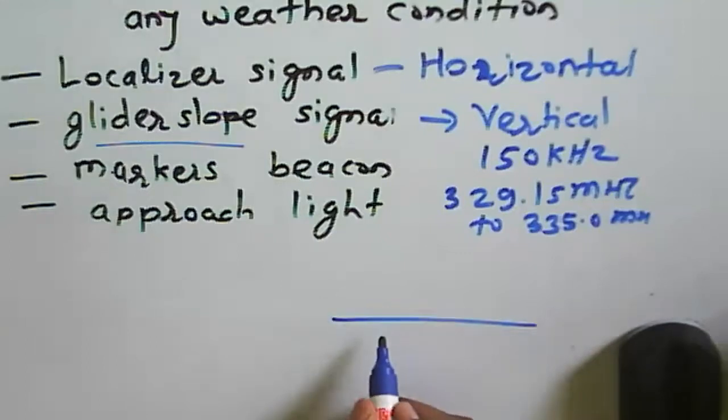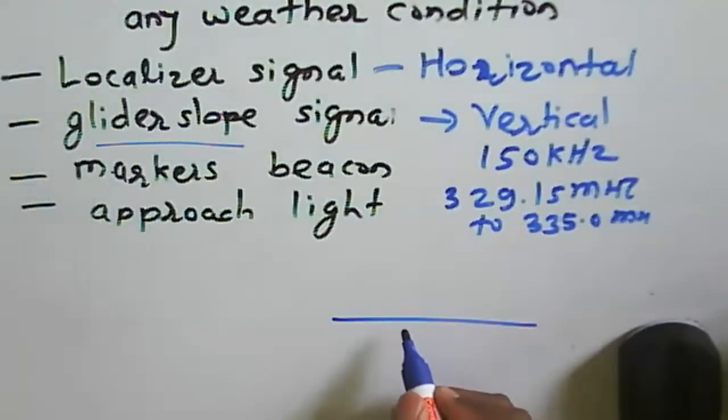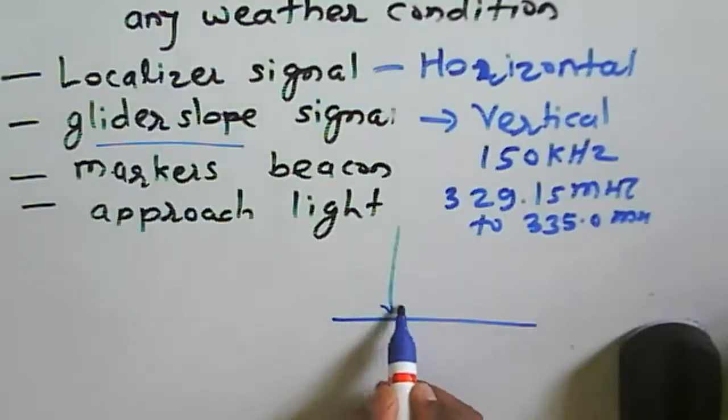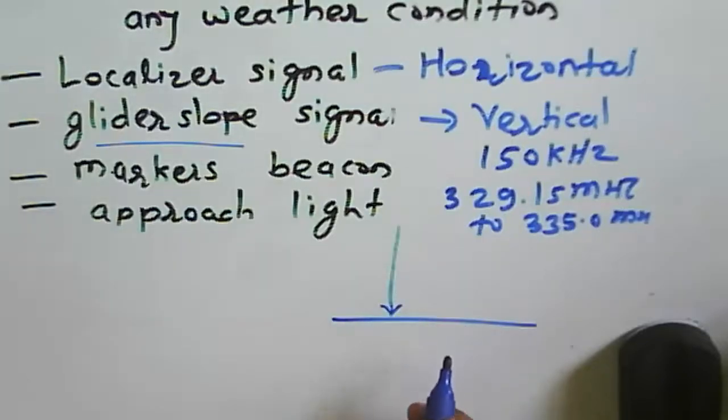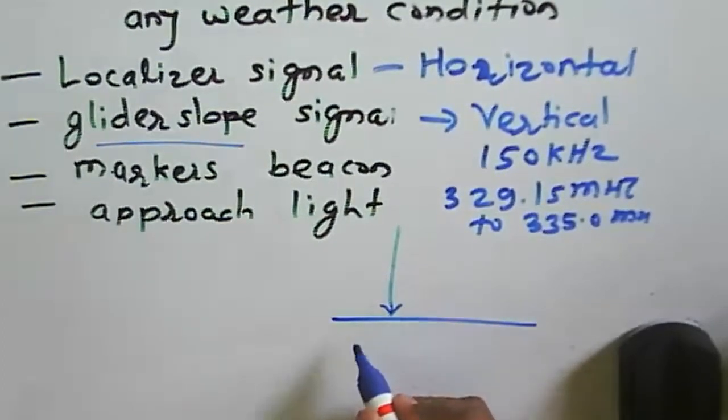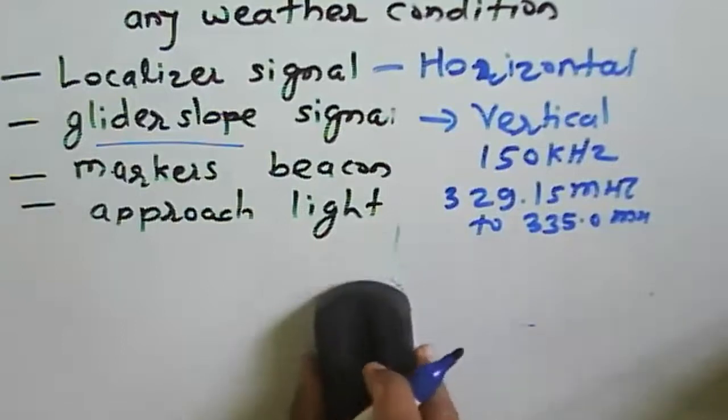So from this one, the azimuth, we are getting information. We consider the information regarding the given glide path projection angle, which is measured from the horizontal.